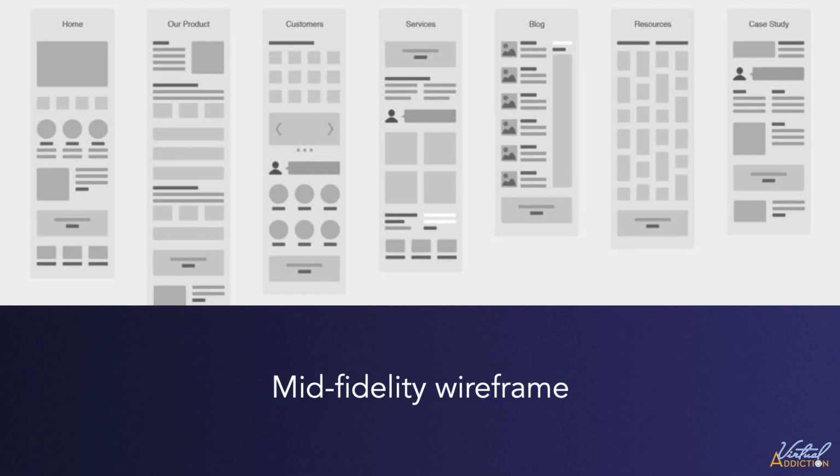Mid-fidelity wireframes take us a step further. They allow us to use more refined spacing and structure and often include annotations. They give us a quick visual representation of the content strategy, what content exists, what's its priority, and how it might be laid out, without focusing on fully designing it.